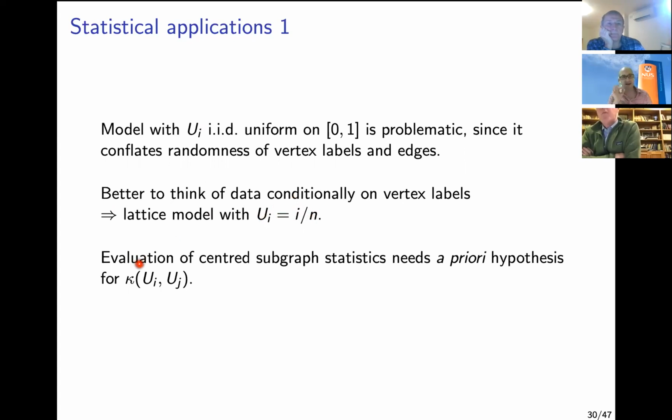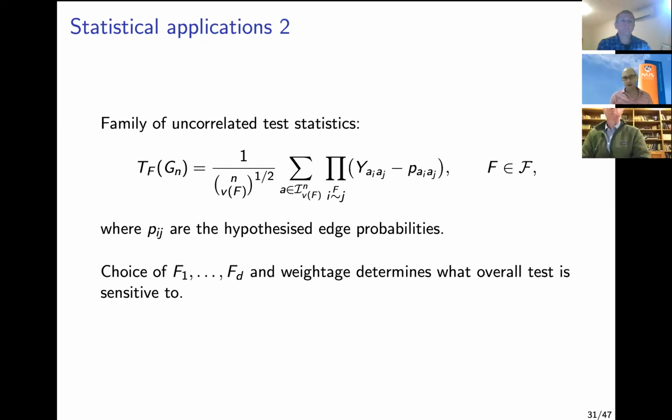What's important here is that if you want to evaluate these centered subgraph statistics, you need these values, so you need an a priori hypothesis. Of course, you don't need the U_i and the U_j. What you need is this centering value: given the vertices, what is your hypothesized connection probability between any two vertices? That's what you need. Ultimately that's what our test statistics look like.